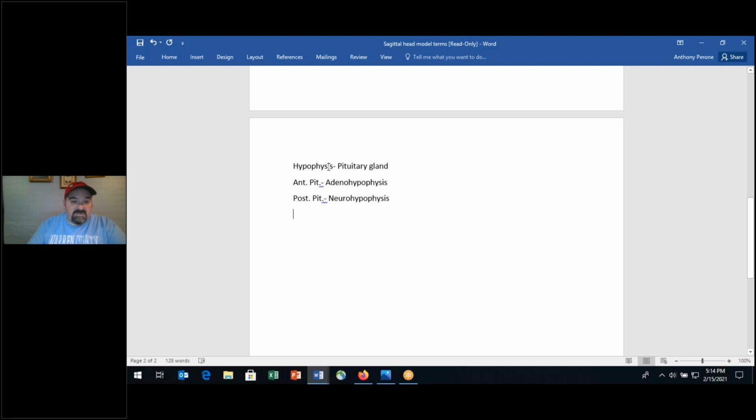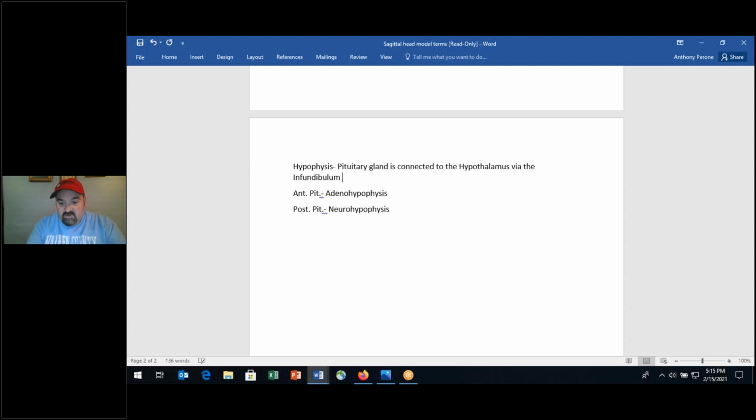So, folks, know that hypophysis refers to the pituitary gland, and the pituitary gland is connected to the hypothalamus via the infundibulum, which is also known as the pituitary stalk.